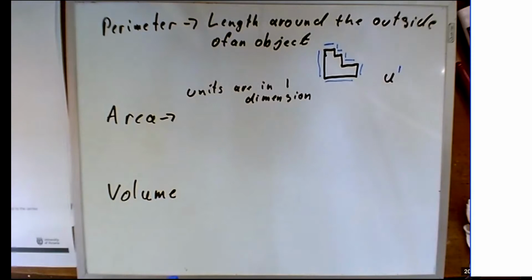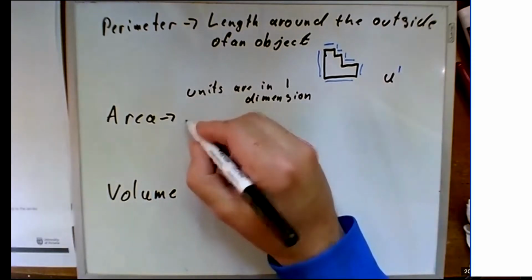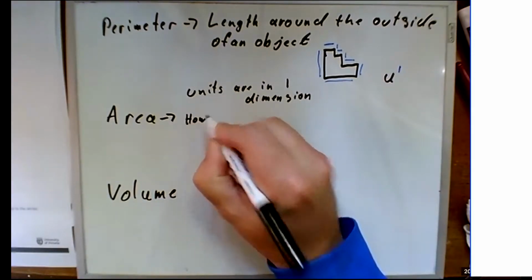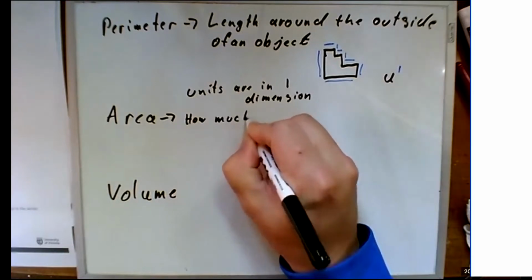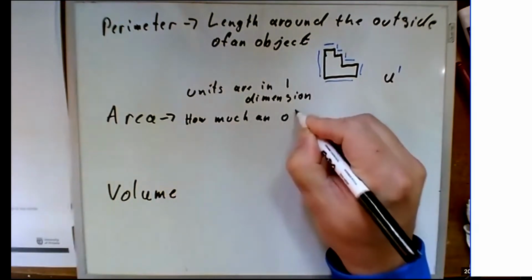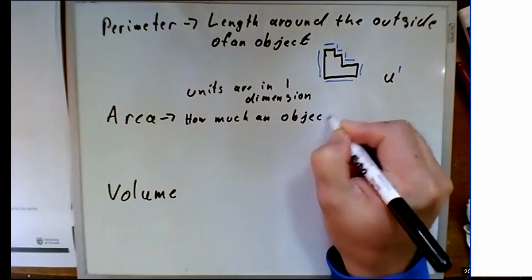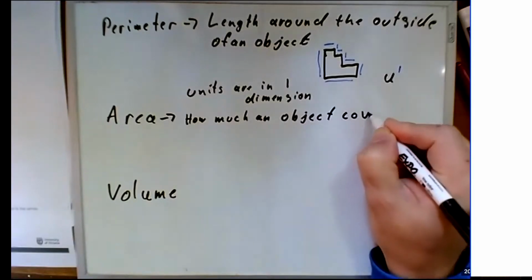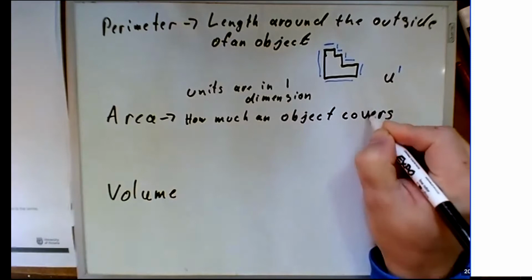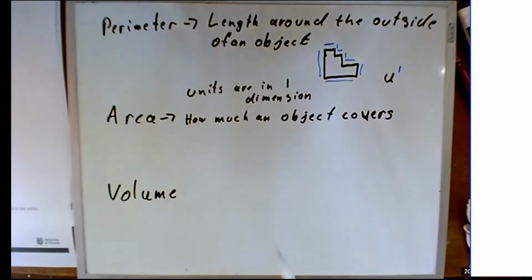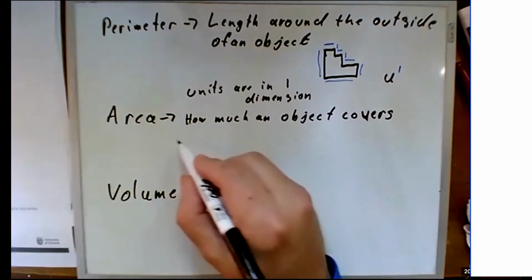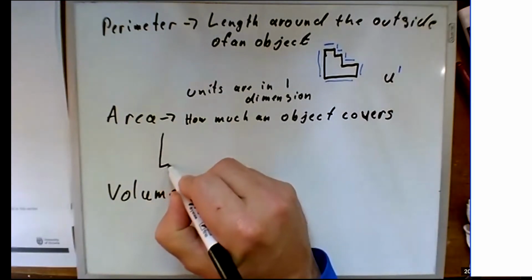When we're looking at area, we're looking at something different. We want to look at how much an object covers. Traditionally, when we're first looking at area, we like to look at squares and rectangles just because they're easy to visualize.